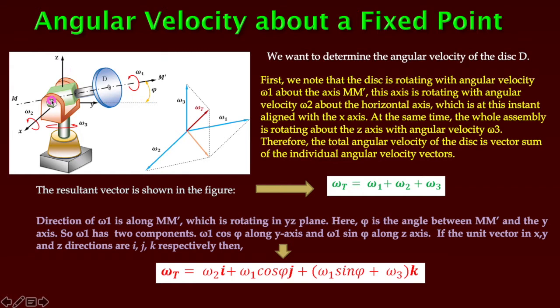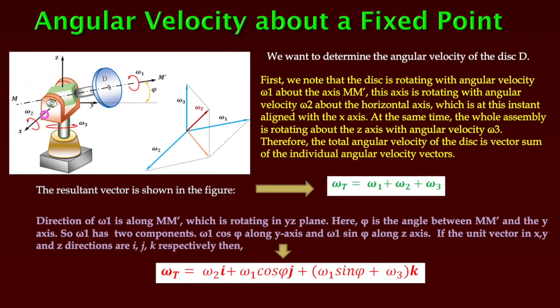If the unit vectors in x, y and z are i, j and k, then this omega 1 component in y direction is omega 1 cos phi, and the direction is indicated by j unit vector, and the other component of omega 1 is along z, which is omega 1 sin phi.